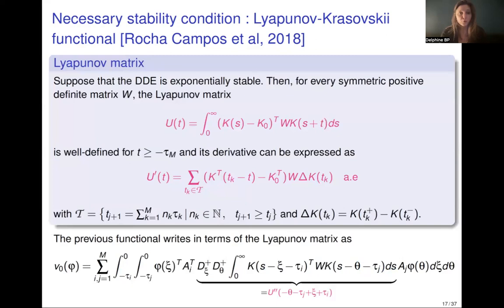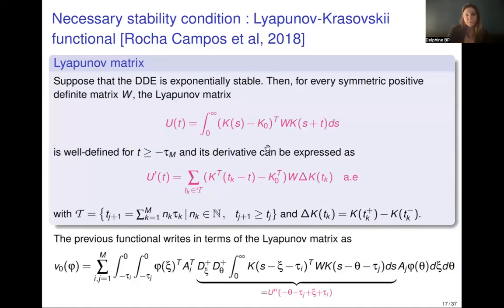Okay, so you need then to look a bit more at this term that was written in blue, and you can actually prove that this is the second derivative of this matrix, which is called the Lyapunov matrix, which is, again, something very standard for time-delay systems and complete type functionals.